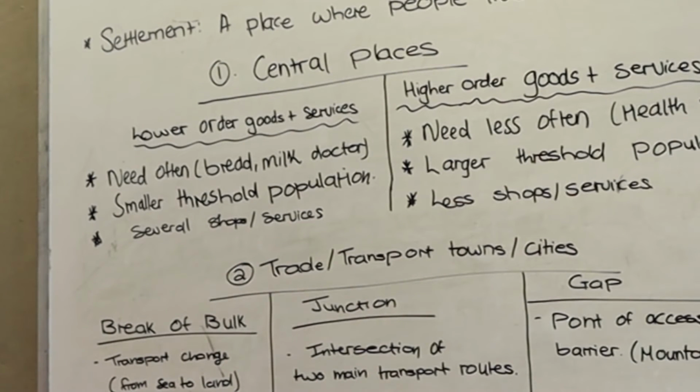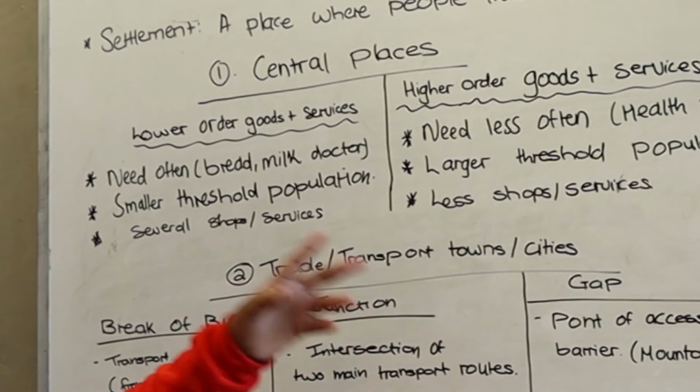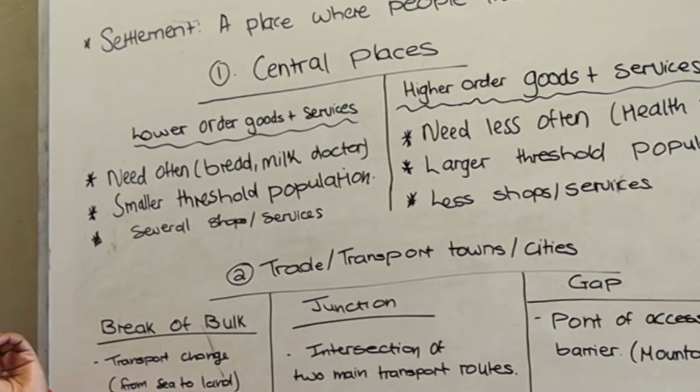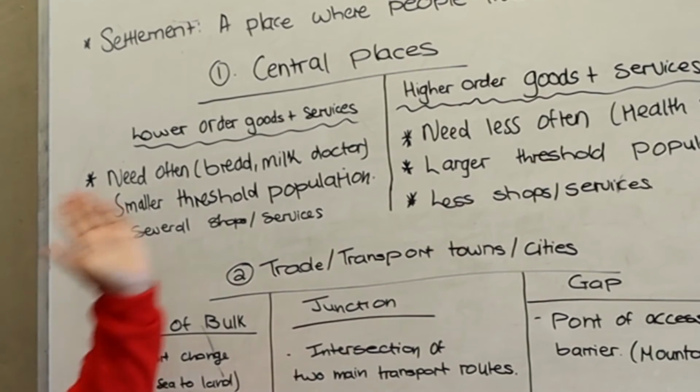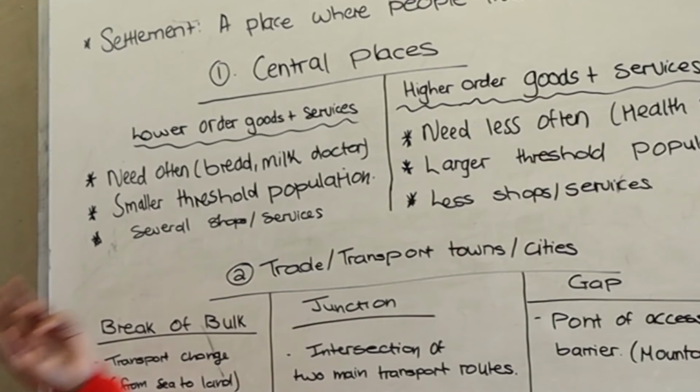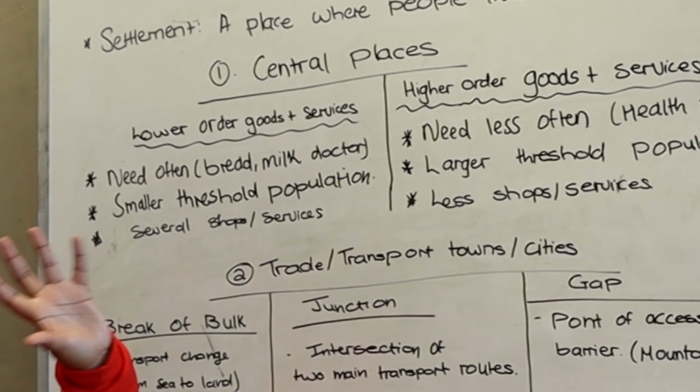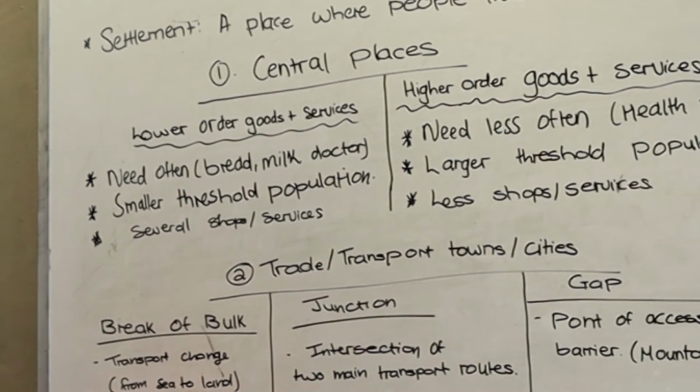The lower order goods and services is food that you often need, which is bread, milk, and lower order goods and services have a smaller threshold population. Higher order goods and services has a larger threshold population. Also, there are several shops and services in the lower order goods and services. In the higher order goods and services, there are fewer shops and services.